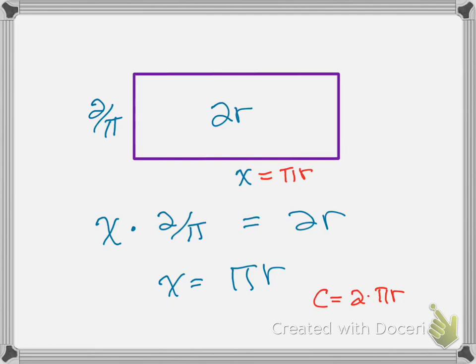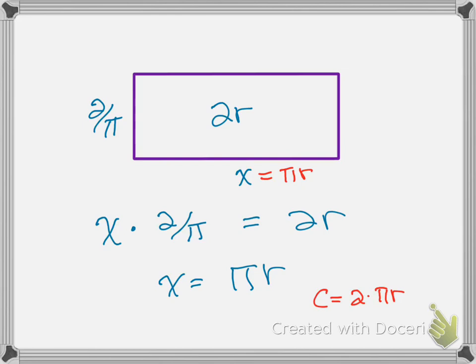Now, using algebra, if the length times the width of that rectangle is 2 times r, that means x times 2 over pi is 2 times r. We solve for x to get x is equal to pi r.